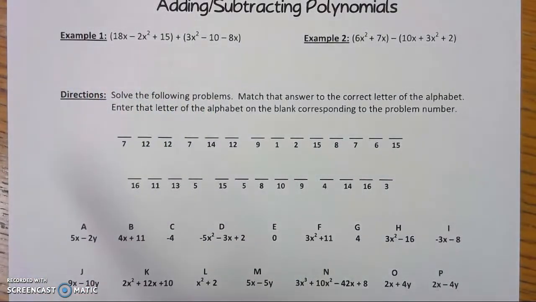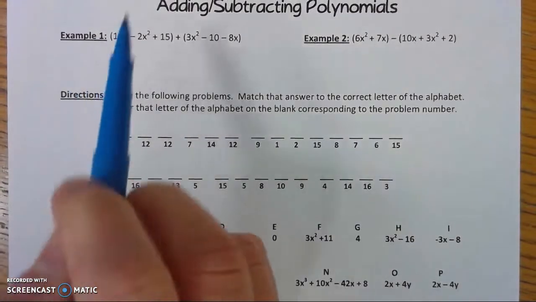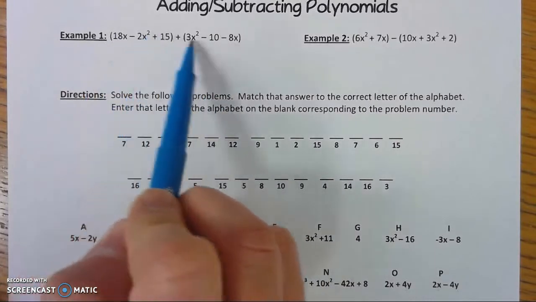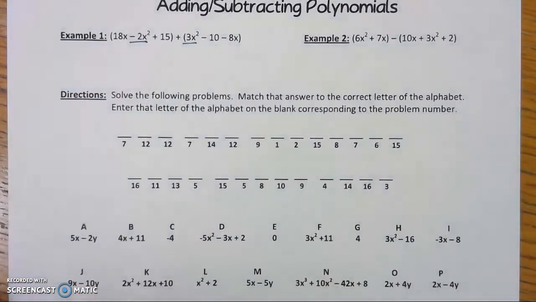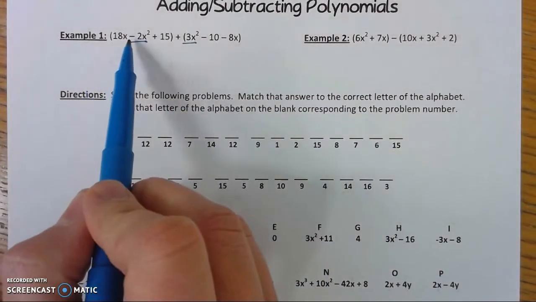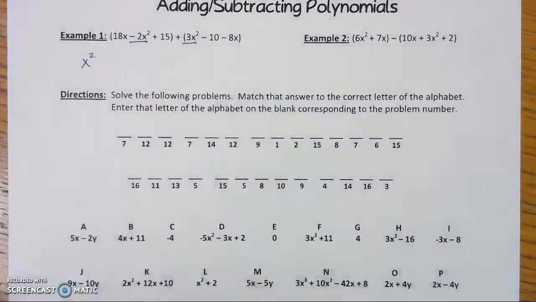These are not in standard form, and so I'm going to go ahead and show you how to do this if they're not in standard form. So the biggest exponent I see is x squared, so I'm going to start with that. Negative 2x squared plus 3x squared. So negative 2 plus 3 just leaves me with 1x squared, so I'm just going to put x squared.